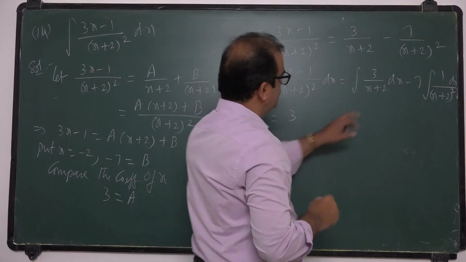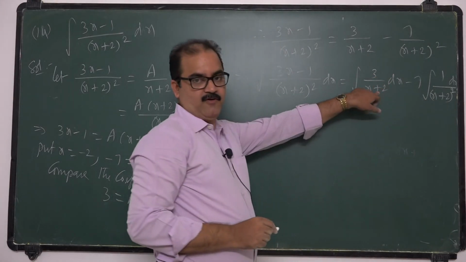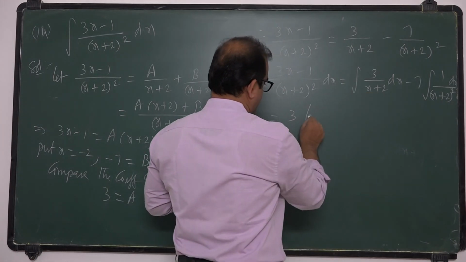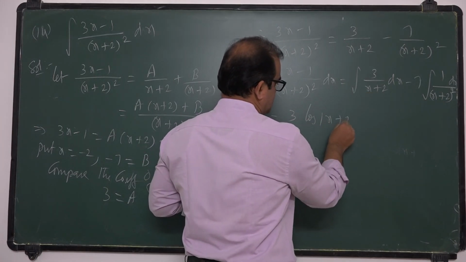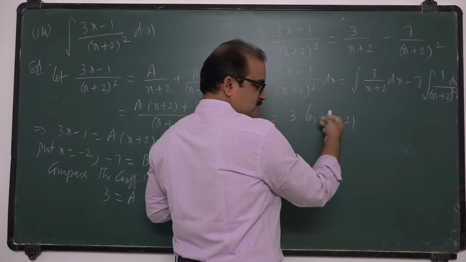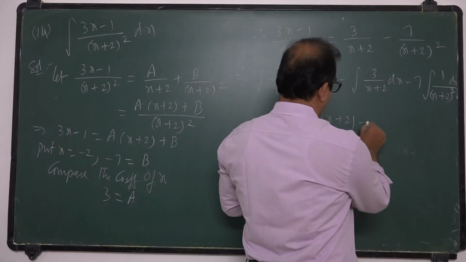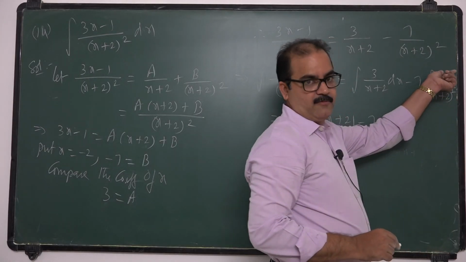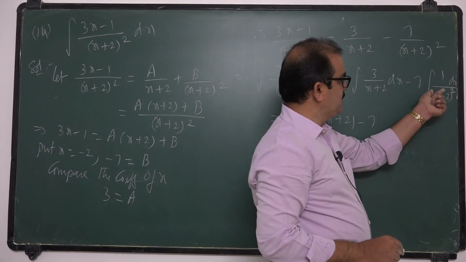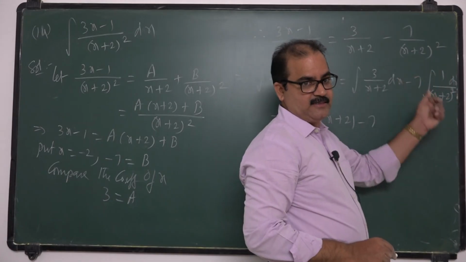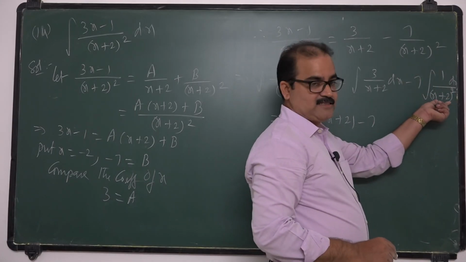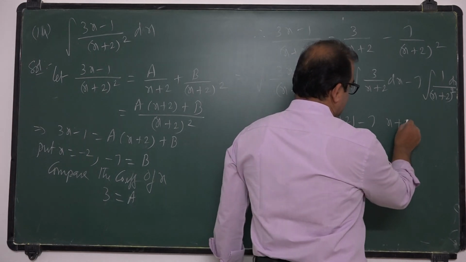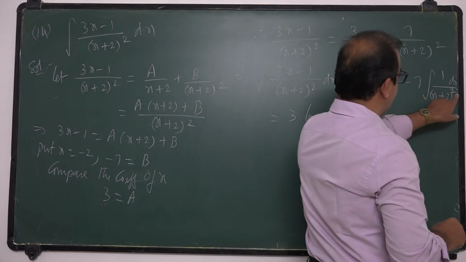3 into, it is in the form of integral 1 by x dx, that is log mod x. Here log mod (x plus 2) by derivative of (x plus 2), 1. Minus 7 into, write it as (x plus 2) whole power minus 2 and apply integral of x power n dx, that is x power n plus 1 by n plus 1. Here it is (x plus 2) whole to the power of, what is the n value?